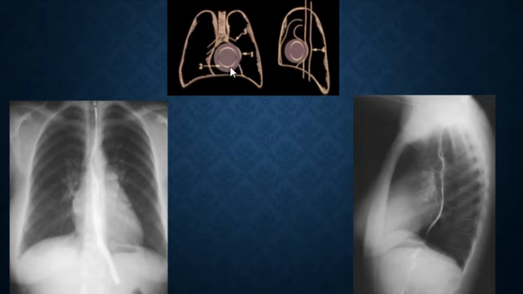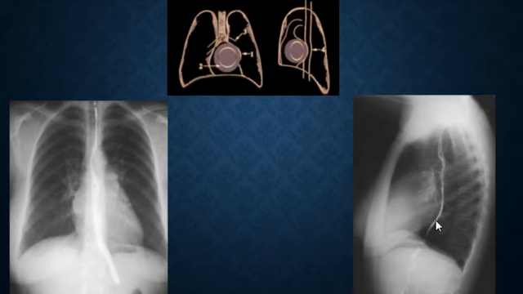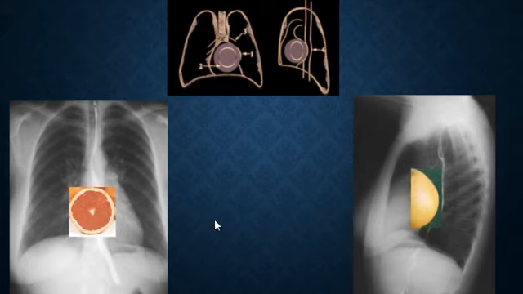In the AP view or PA view, sorry, and the lateral view, the esophagus will be indented. You can see it here and here as this part and this part indenting the esophagus. This esophagus is indented here, and you can see the density here. Okay?